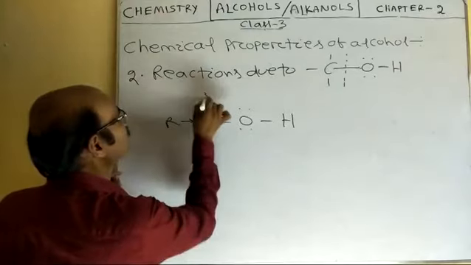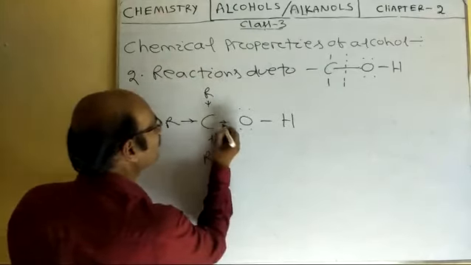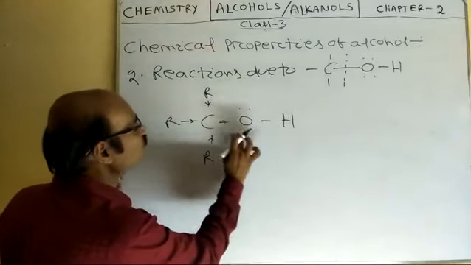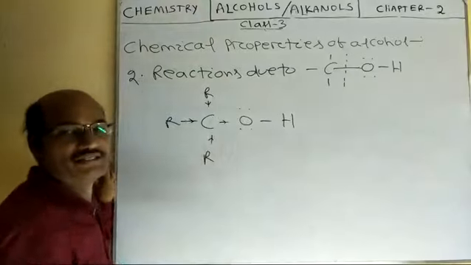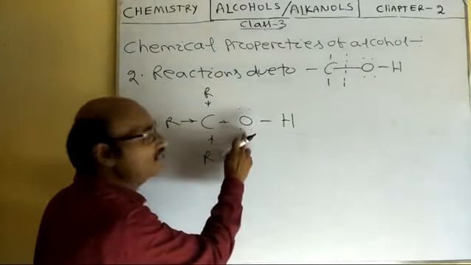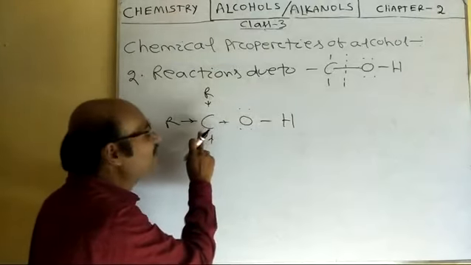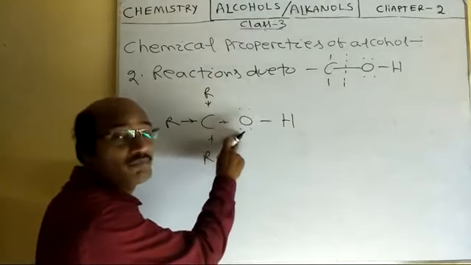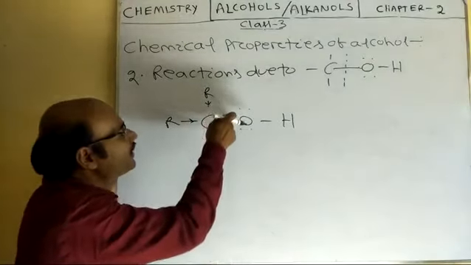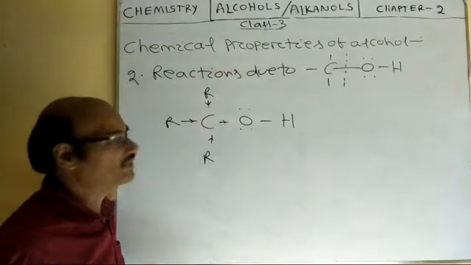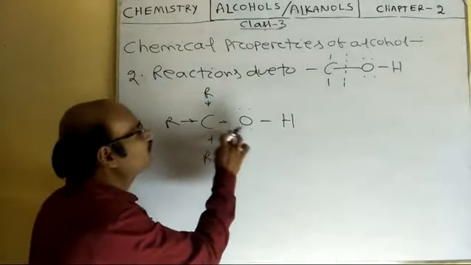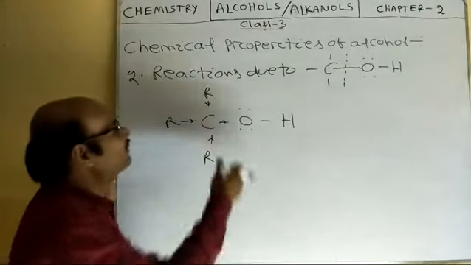If you have R and R, accordingly the polarity on the C-O bond will decrease. More negative charge here, already this is negative, so the polarity between the C-O bond will decrease. That means the bond can break easily, because the polarity decreases, so the bond weakens and can be broken easily.